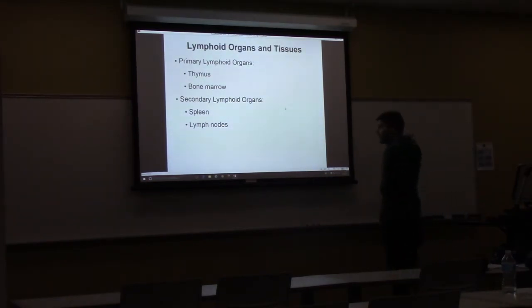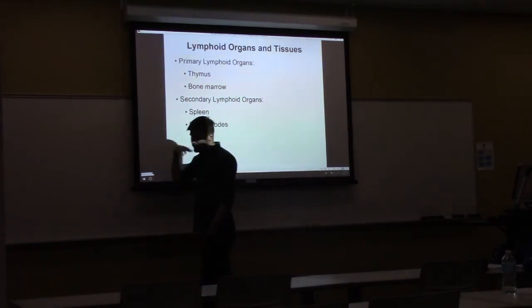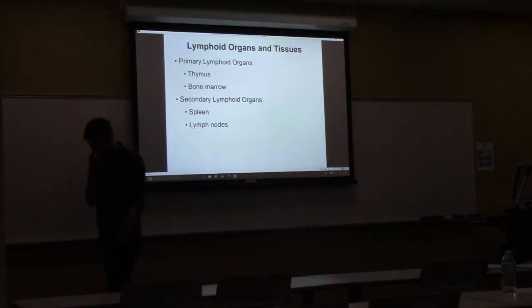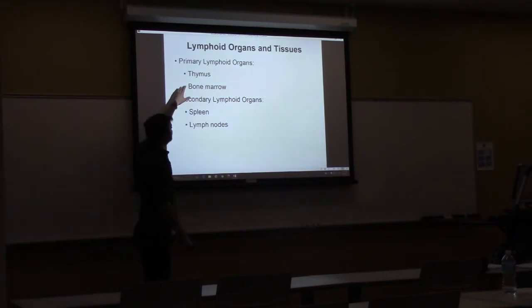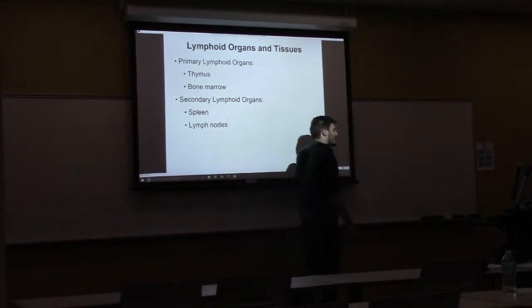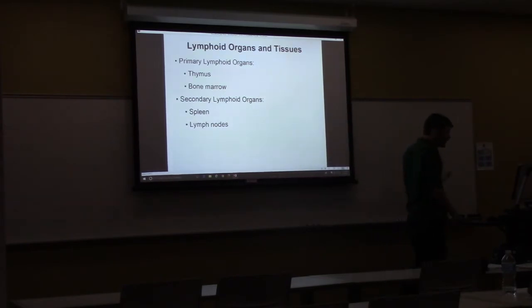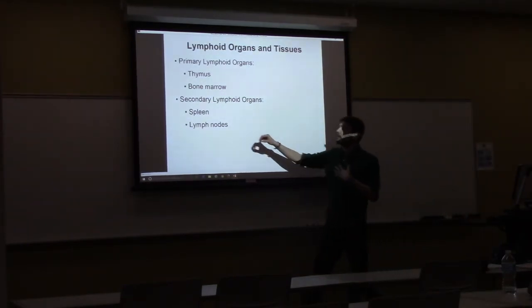And remember that we break up where cells are found, or the tissues associated with cells, into two categories: primary and secondary. Primary lymphoid organs are areas of the body where cells are matured, or allowed to grow. Secondary lymphoid organs are areas of the body where immune cells are found circulating around the body, waiting for potential infection.